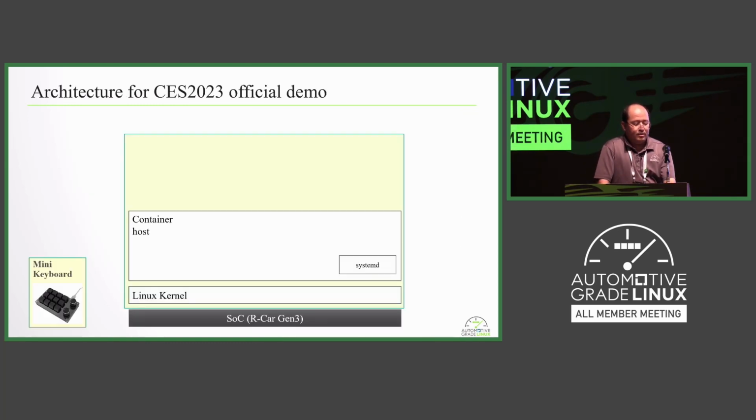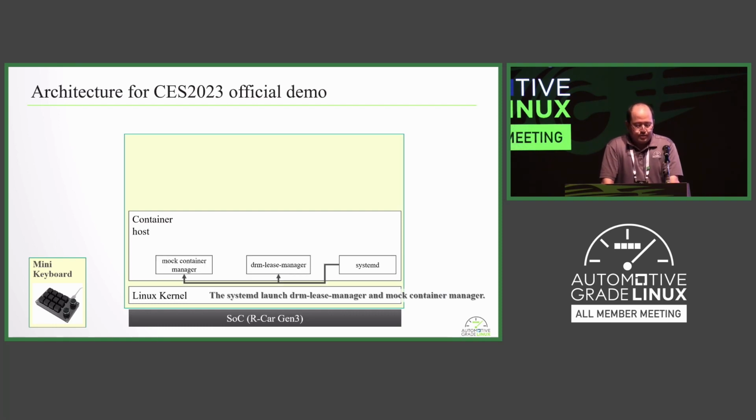For a deeper look, the implementation is shown in this slide and the next slide. This system is launched by systemd. Systemd launches the DRM manager and the mock container manager.